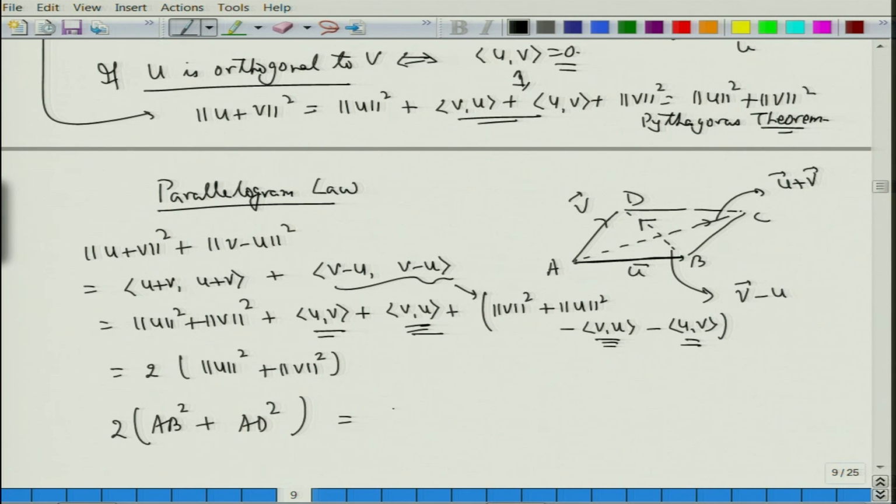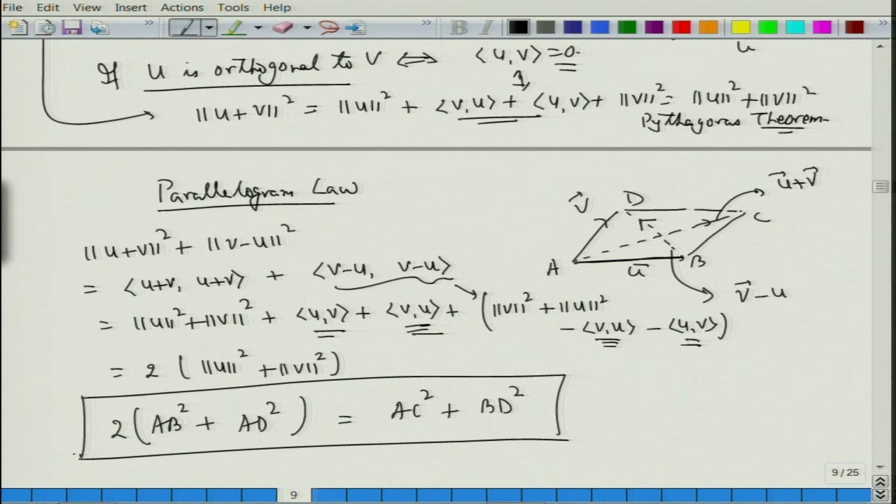This is the same as AC squared plus BD squared. So we used to prove it using the Pythagoras theorem. The same thing is happening here also. This is a very important theorem, the parallelogram law. Even though the proof is very simple, the idea is very simple, but it's very, very important. I would like you to keep track of that. We will be using this idea to say something is possible, something is not possible.